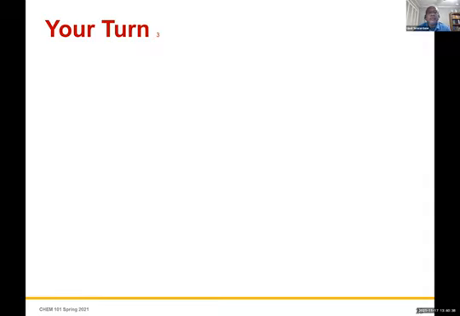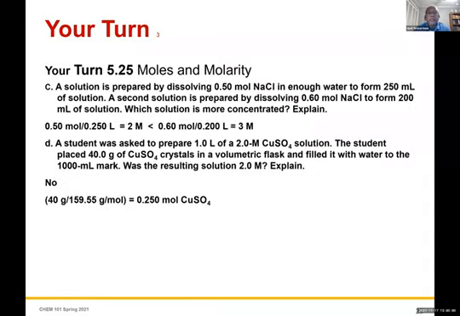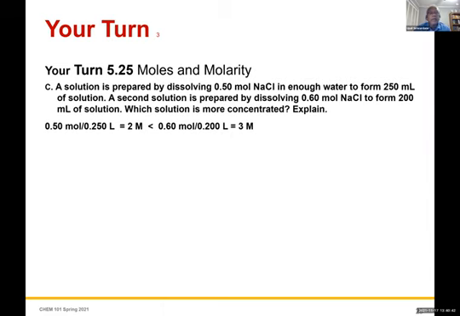Then the last two problems. A solution is prepared by dissolving 0.50 moles of sodium chloride in enough water to form 250 milliliters of solution.